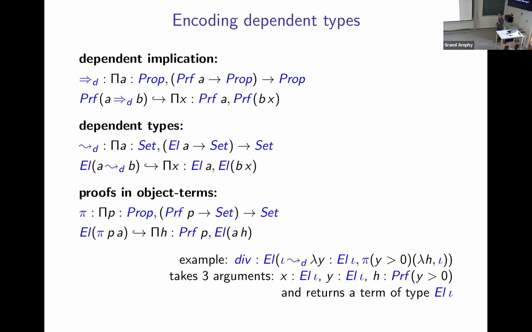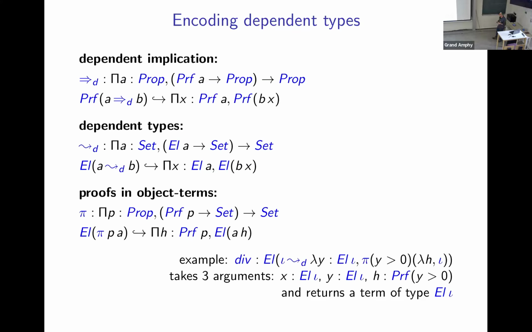And also, we can have proofs in object terms. So until now, there is a complete separation between what are the objects of the logic and what are the proofs. In systems like Coq, Agda, and so on, everything is put together. It's possible to use proofs when defining objects.